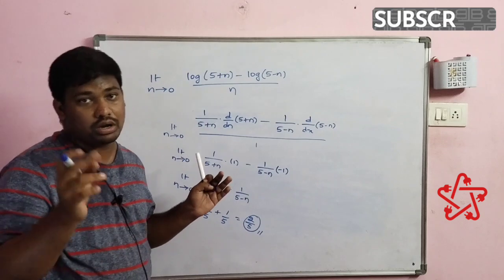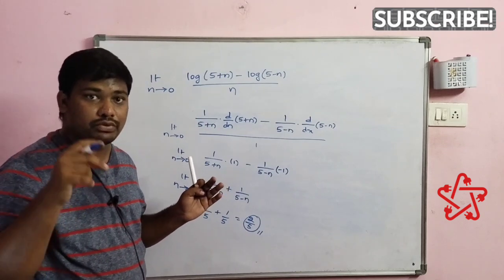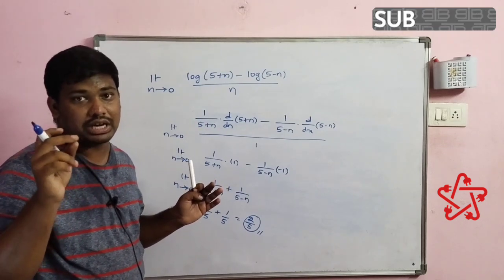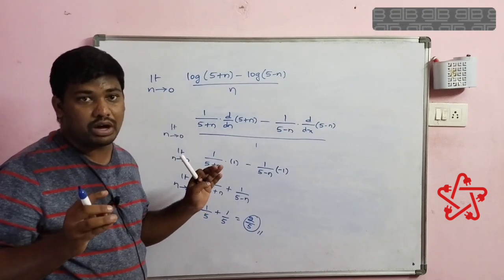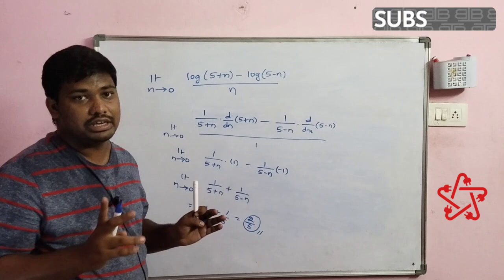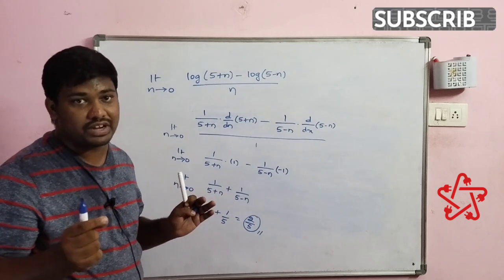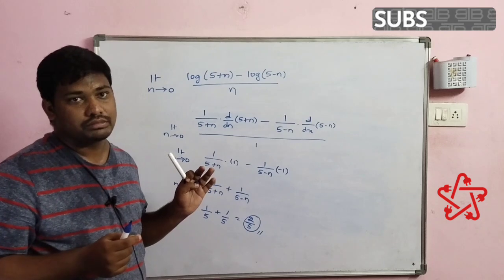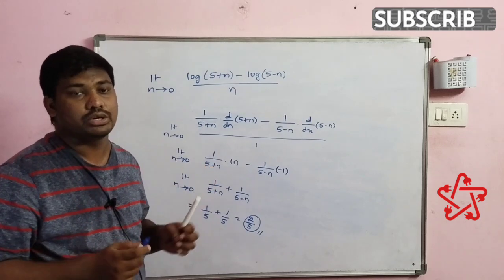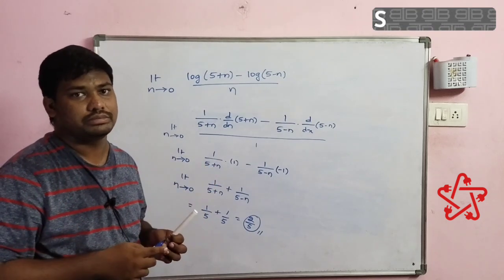If you want to answer those 2 questions correctly, you need to know the concept of L'Hospital properly. If you know it perfectly, then you will be able to solve any kind of limit problem which you will get in AP ECET 2021 or TS ECET 2021.